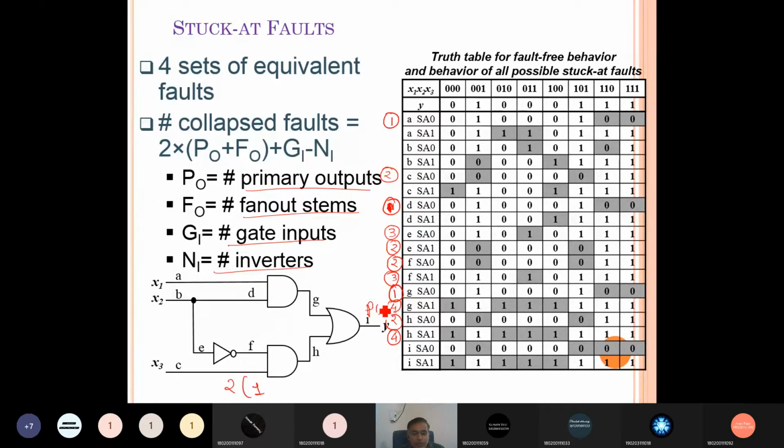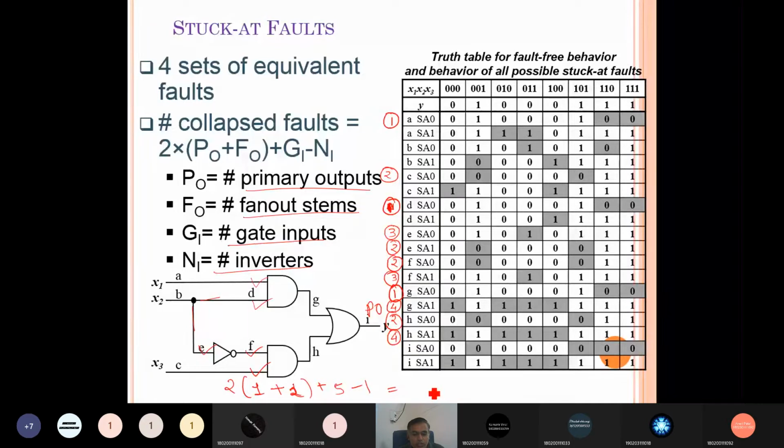This is called a primary output, and fan-out branch. Here you can see we have the fan-out, right? So fan-out is 1, fan-out is 2, right? And the number of gate inputs: here 1, 2, 3, 4 and 5, there are 5 gate inputs, minus the number of inverters, 1.